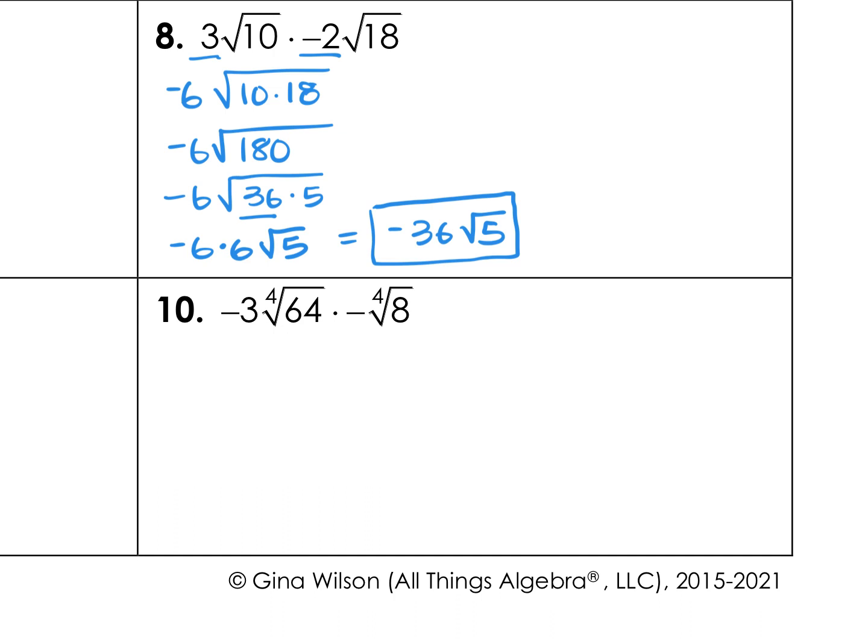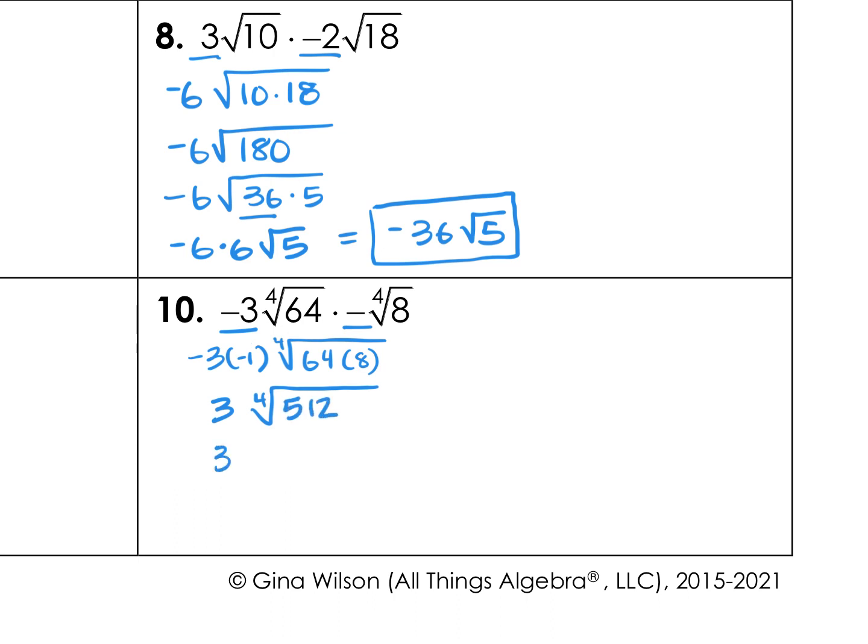Okay, so now we're looking for fourth roots. So we have negative 3 times negative 1. And then we have fourth root of 64 times 8. So that makes this 3 times the fourth root of 64 times 8, which is 512.